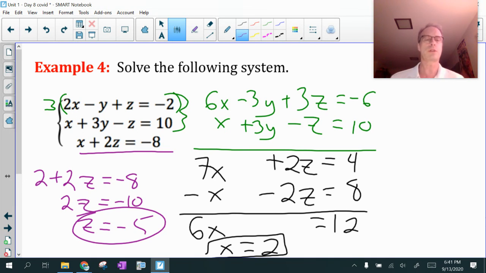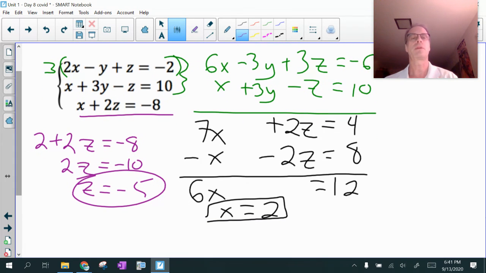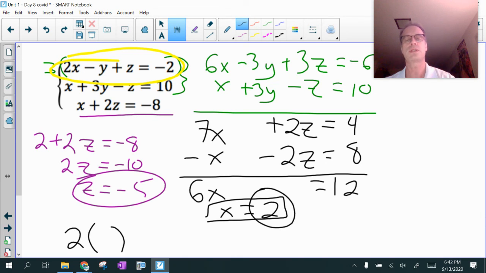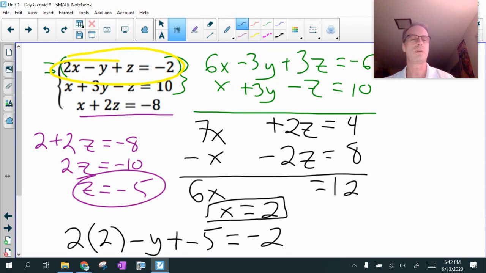Got to pick an equation to work with. Doesn't really matter. I'm probably going to be lazy enough to say that this top one's looking pretty good to me, because the y doesn't have a coefficient except for the negative sign. So let me see what I can do about plugging into that equation. 2 times my x value, which is still 2, so 2 times 2, minus y, plus my z value, which is negative 5, equals negative 2.